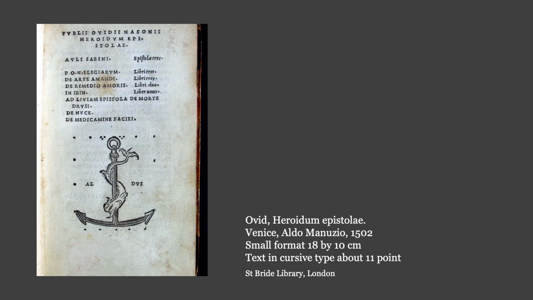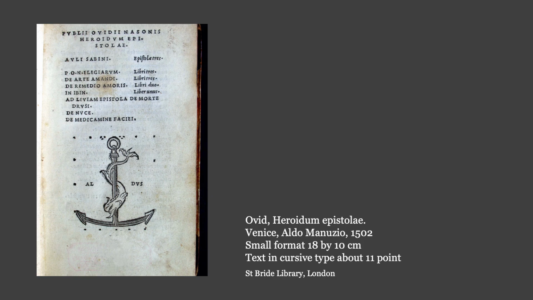One last type. In 1501, Aldus Manutius brings out a quite different kind of book and a type to go with it. The format is quite small. It's what became the classic paperback format of 18 by 10 centimeters.